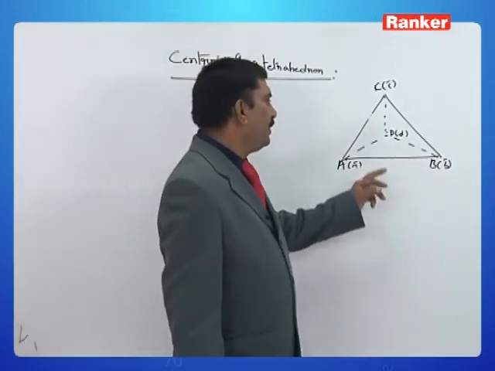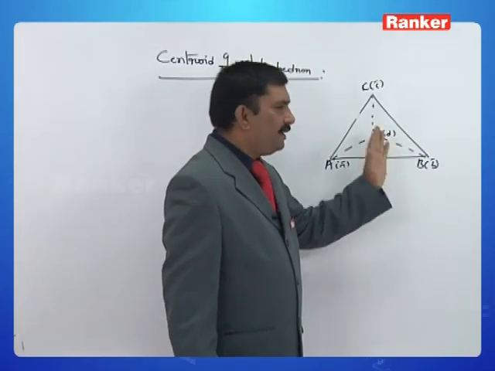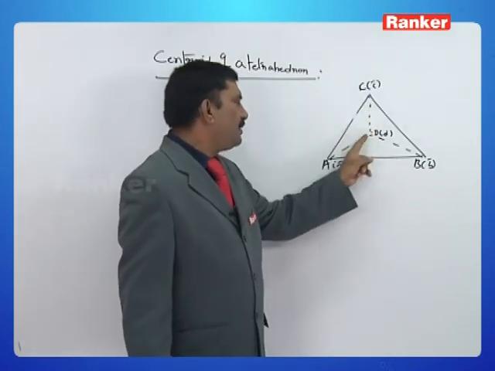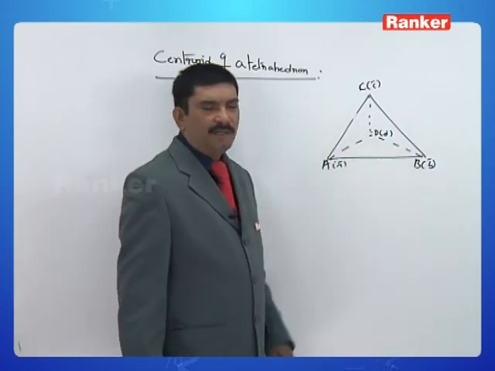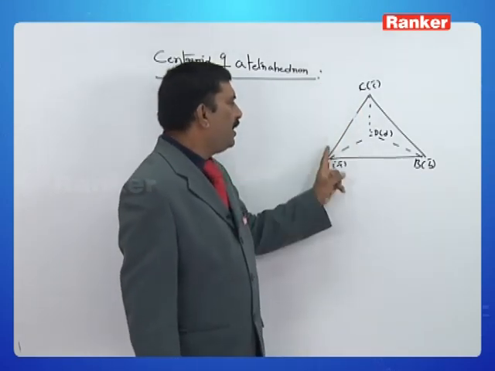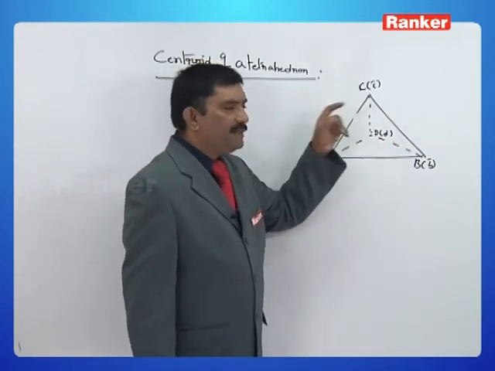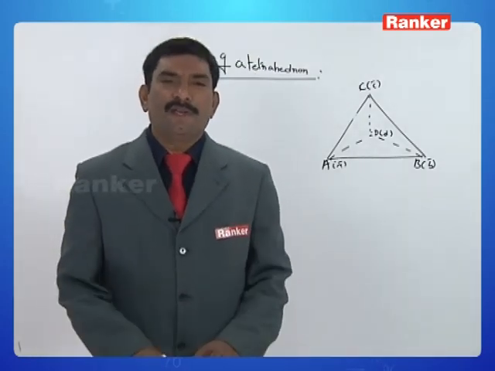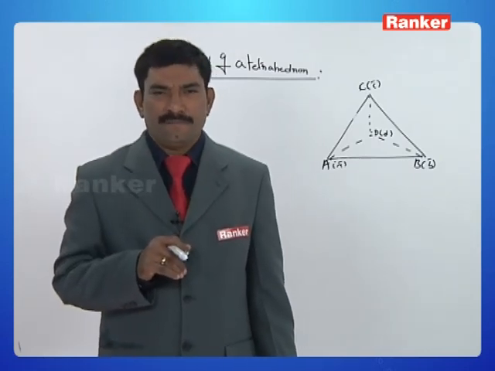For example, triangle ABC is one face, next triangle ADC, next ADB, next BDC. These are the 4 triangles, and they represent the faces of a tetrahedron.